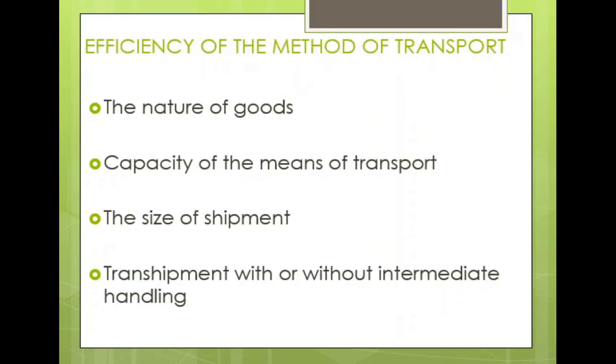I asked why because the efficiency of the mode of transport or the method of transport depends on a few things. First, the nature of goods. Two, capacity of the means of transport to carry that cargo. The size of the shipment, and then transshipment with or without intermediate handling.